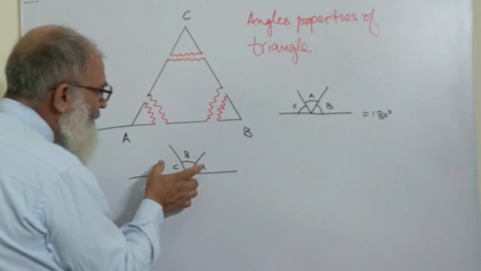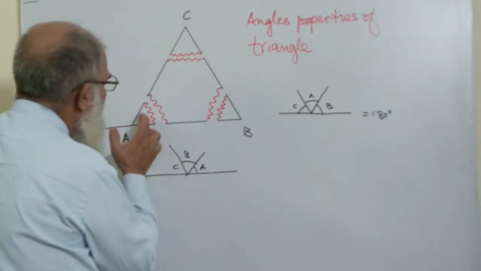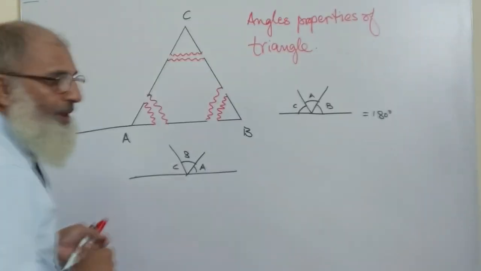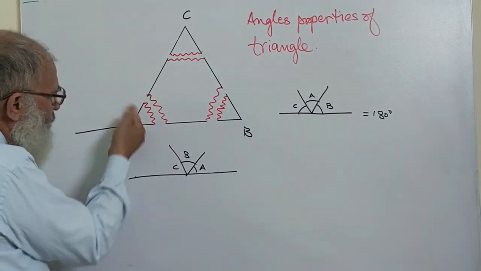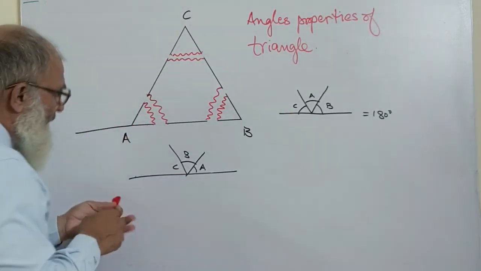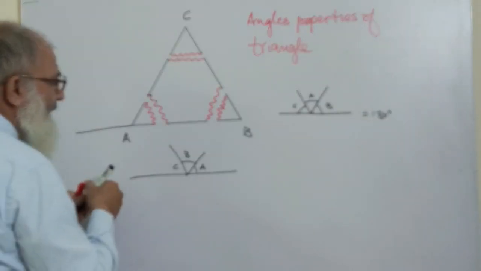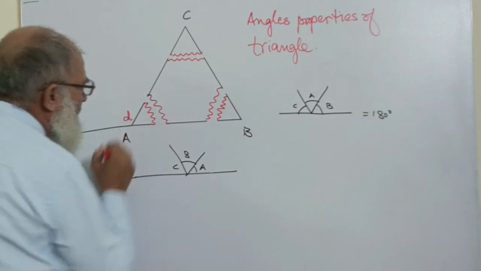Now that means there is one angle A over here, which I already wrote, and there is one angle outside, and let me call it D, and I am going to write it in small.